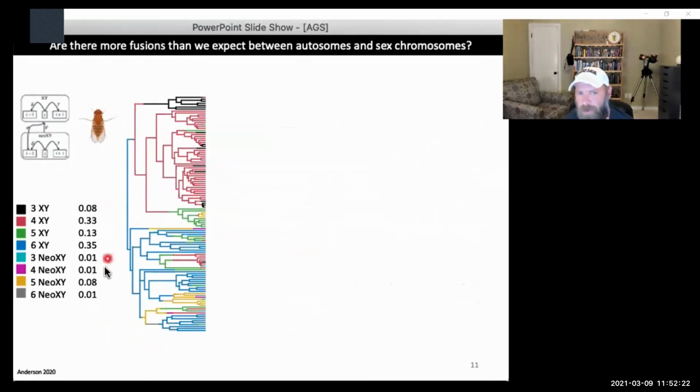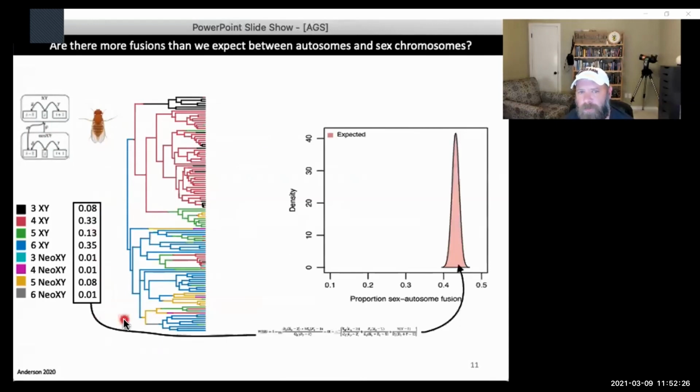And then we can just count up the proportion of the tree that's spent in each one of these states. And we can use those proportions, just like I showed you in that toy example, to actually generate an expectation for Drosophila. In Drosophila, what proportion of fusions should be sex chromosome autosome fusions? So that's great. That gives us our null expectation.